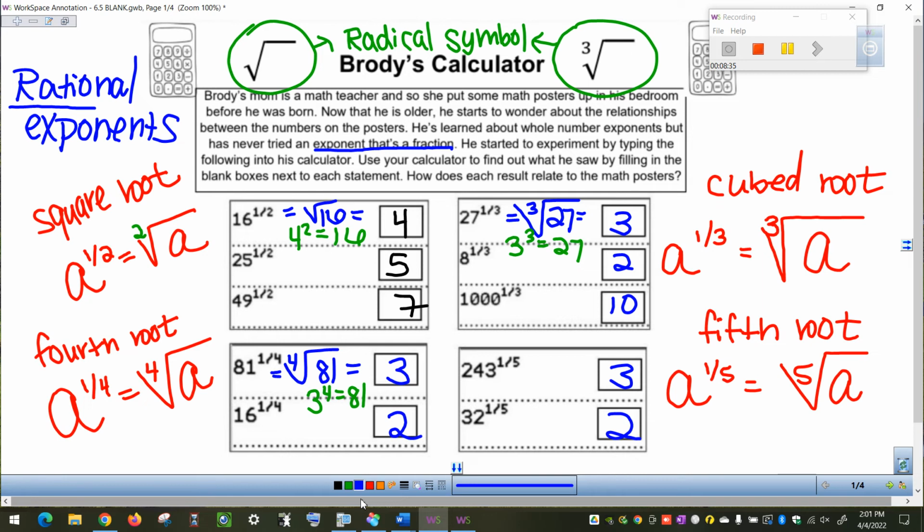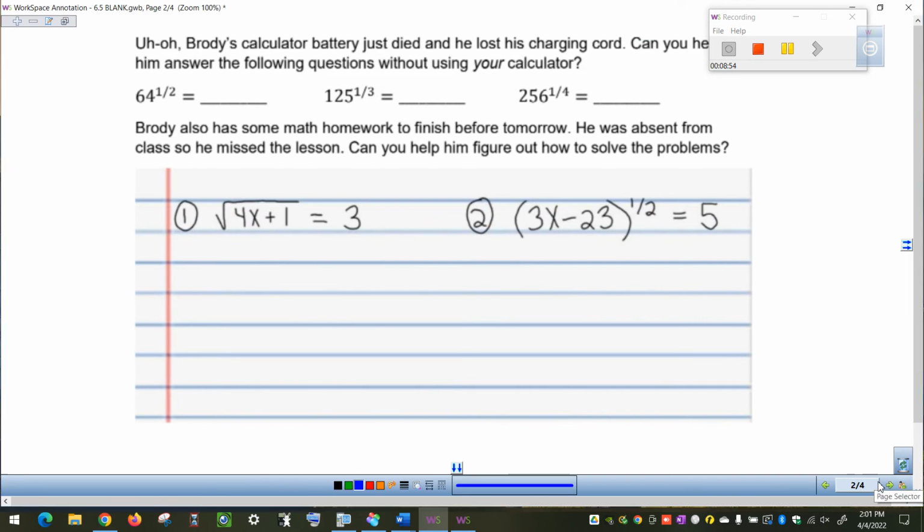All right, so using what we have looked at so far, we should be able to answer some of these without using a calculator. If we take a look at the questions down here below, we know that anything raised up to the 1/2 is really just asking us to do the square root of that number.